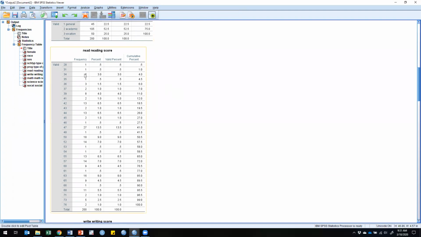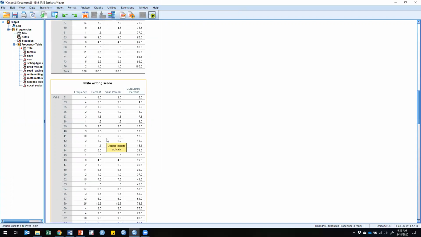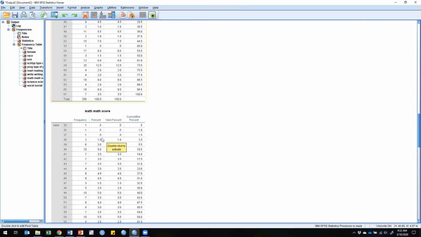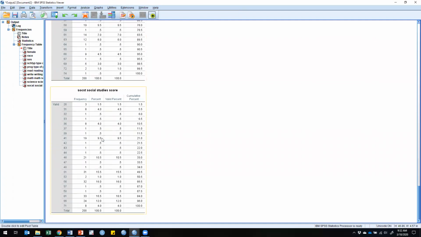We have scores on an assessment of their reading, writing, math, science, and social studies. So get familiar with what's actually in the data set.